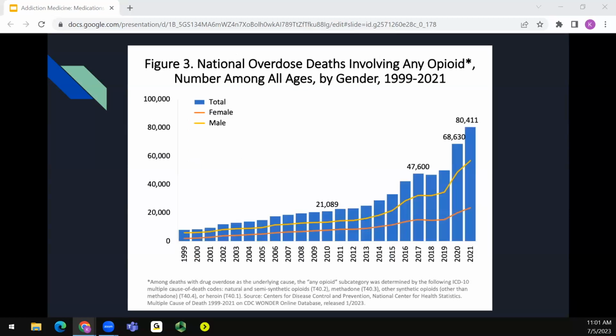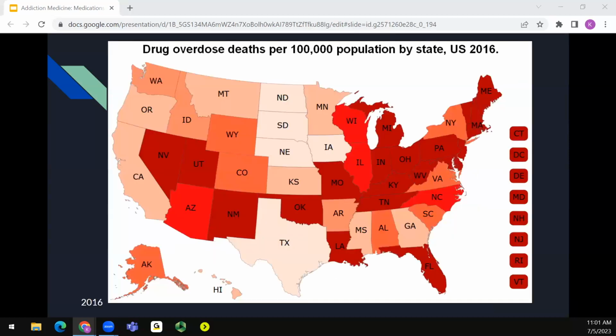As you can see here, the numbers are increasing and not slowing down at all, and we are having a seemingly exponential, huge crisis unfolding in front of us. This is a map from 2016 color coding the states with the most drug overdose deaths per 100,000 people, with the darker colors having more drug overdoses than the lighter ones.